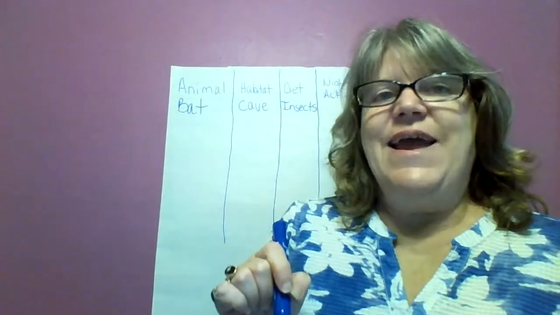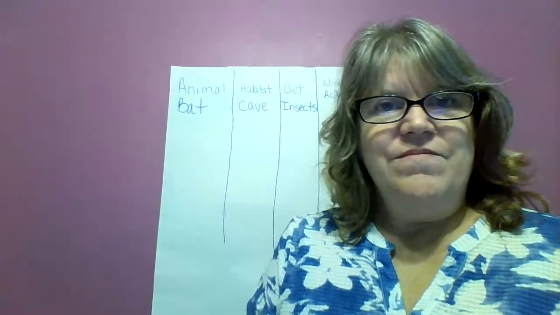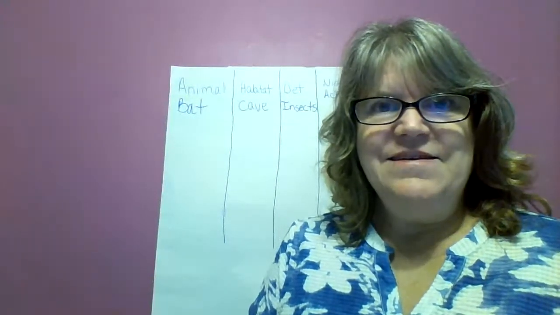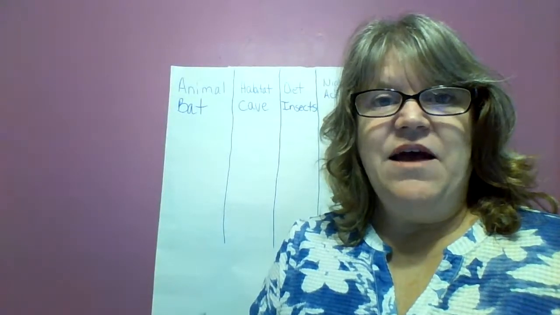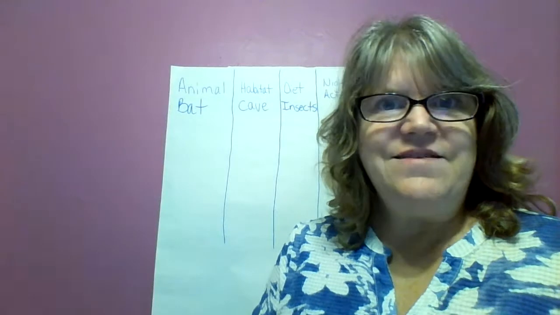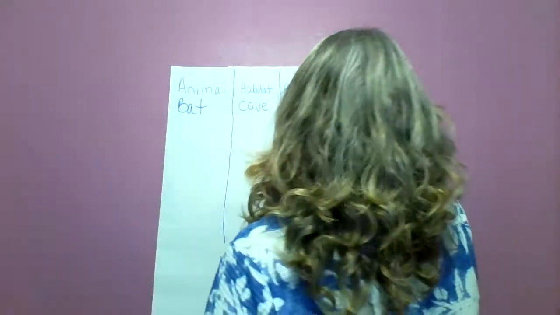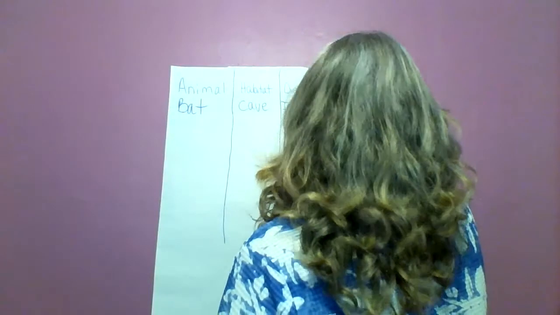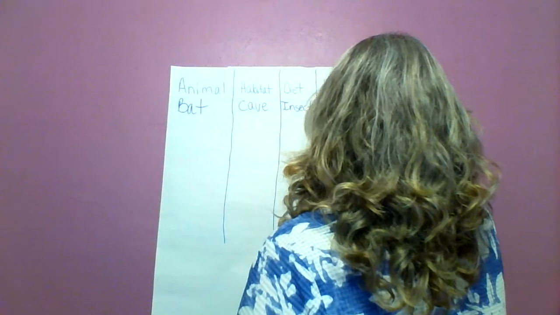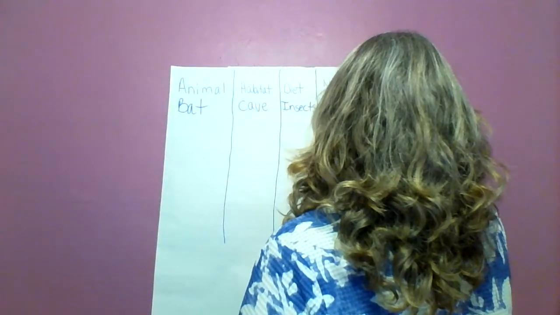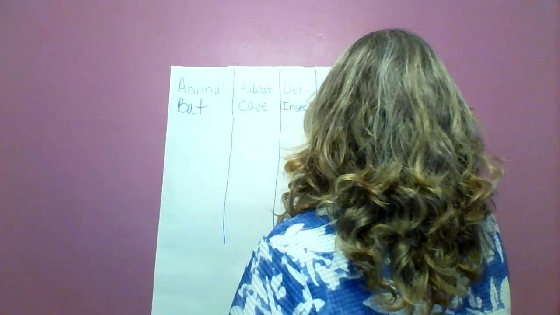And during the night, bats fly around. They are awake at night. So bats have a nighttime activity of flying around looking for insects. That's what they do. So let's write that on our chart. Flying around to find insects.